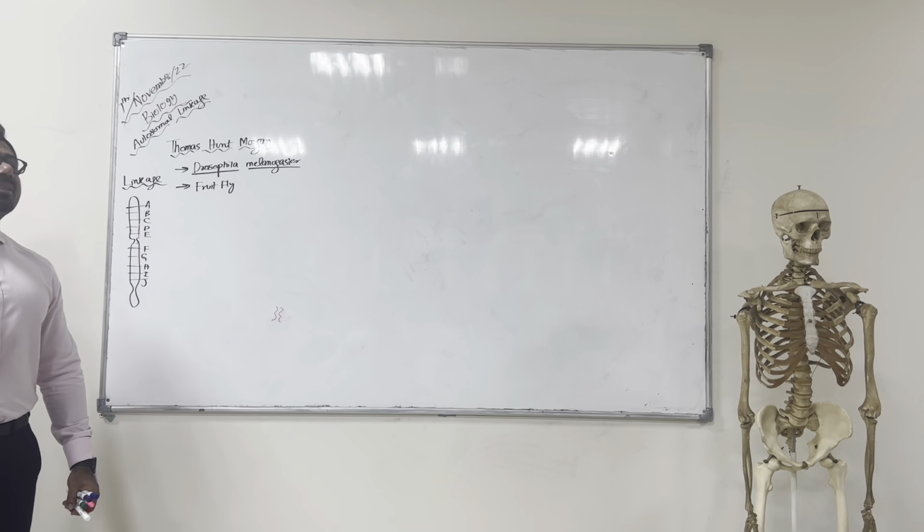One of the reasons should be that the life cycle should be short. What is the benefit of a short life cycle? In a short period of time, we can repeat the experiment very quickly. Second, the progeny produced should be greater in number. If the offspring produced are greater in number, we get fewer chances of error and we can easily find the ratios which will be generated.